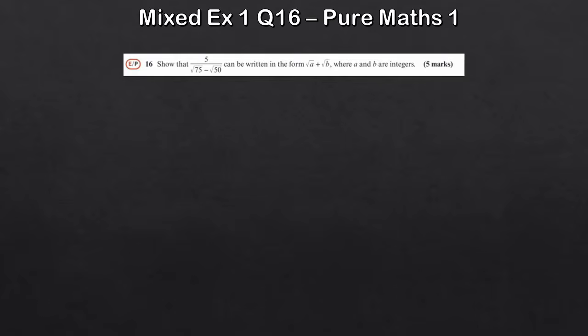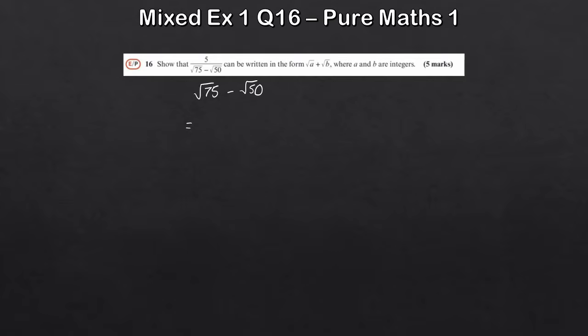So, before I do anything here, I'm going to look to simplify my denominator. So, let's just do that first. Root 75 minus root 50. Just like we did with the second one, we need to simplify these square roots now. They've not given us any numbers here, so we're just going to have to figure it out ourselves.